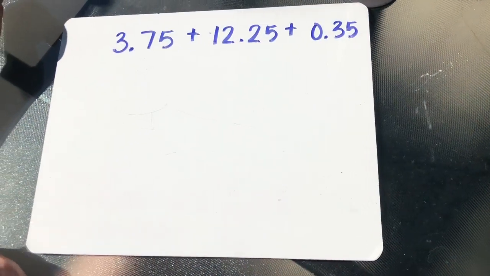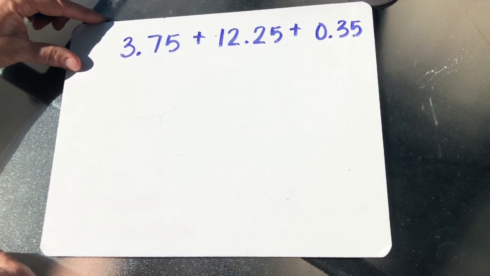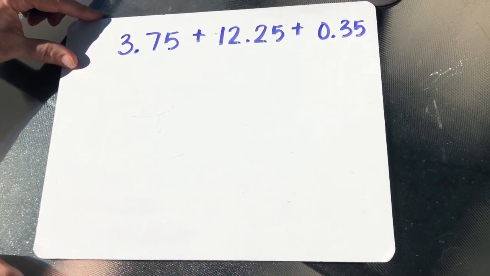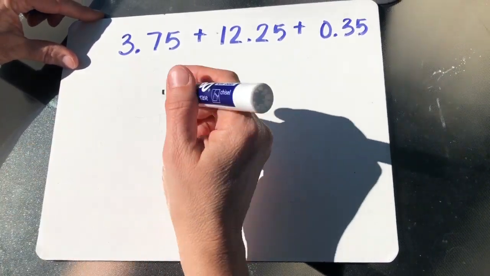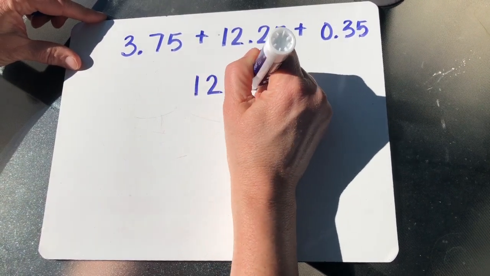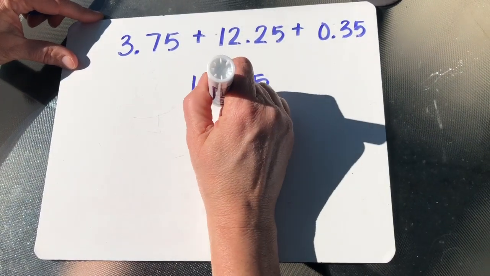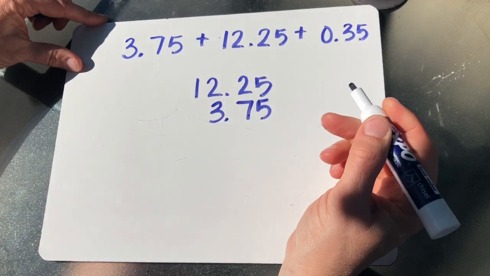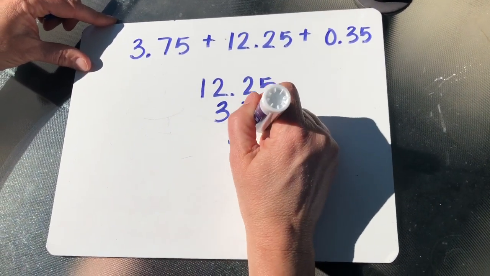Okay, and I want to make sure that we remember about adding and subtracting decimal numbers, and that we have to line up the decimal point because it's different for multiplication and division. So for adding decimals, we want to make sure our decimal points are all lined up. I'm going to start with the largest number and then move my way down, and I'm making my decimal points in a straight row.